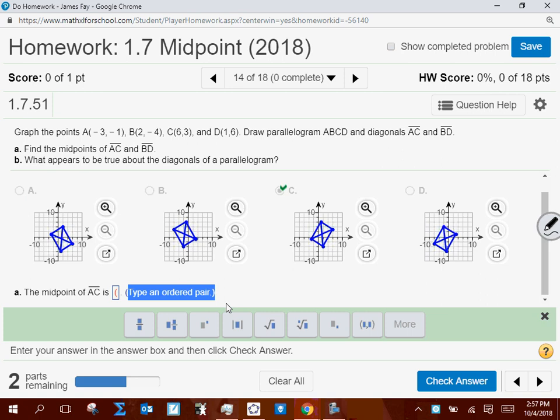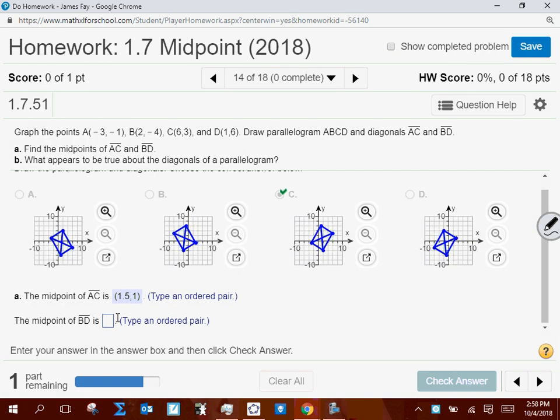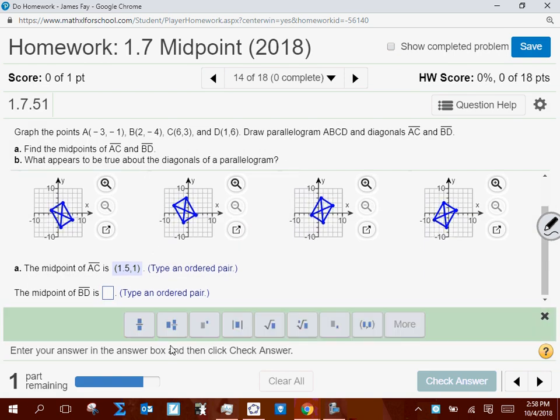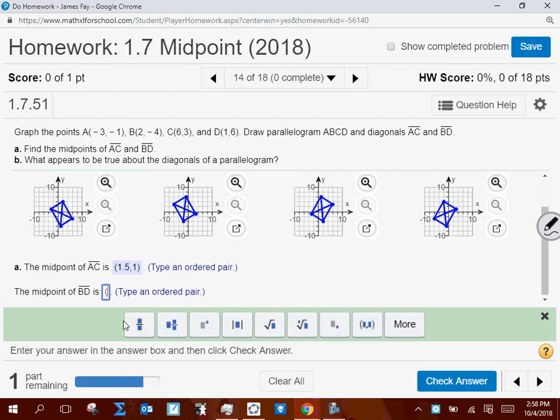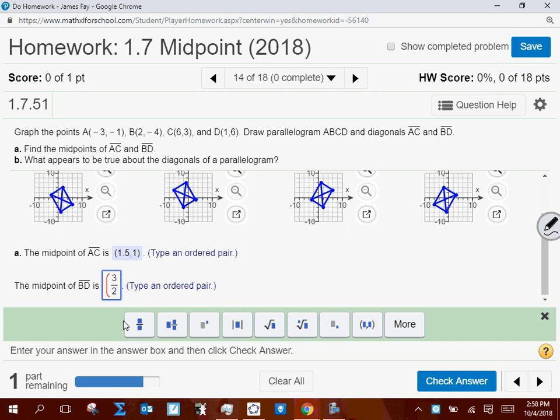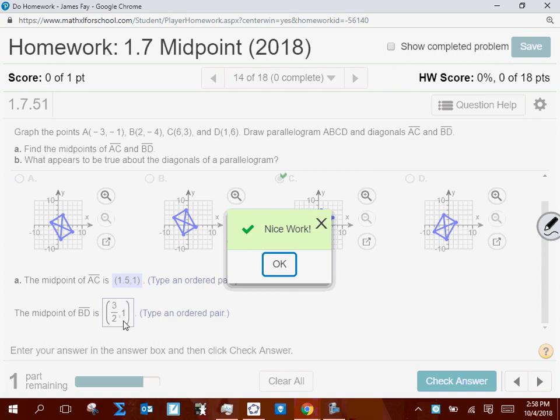It doesn't tell me, so guess what? It doesn't matter, right? So I can type in 1.5, comma 1. Okay? And then the next one, maybe just to prove that it doesn't matter because it didn't tell me, maybe I go 3/2, comma 1. And it accepts both versions, right?